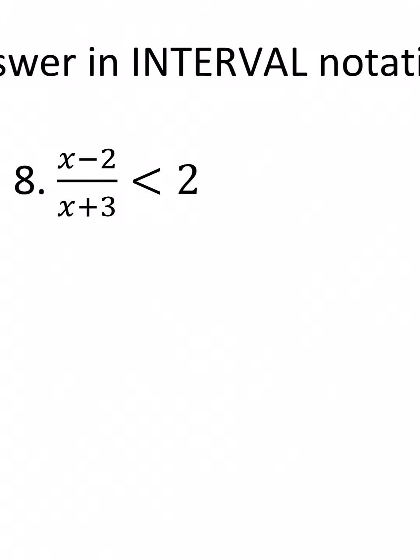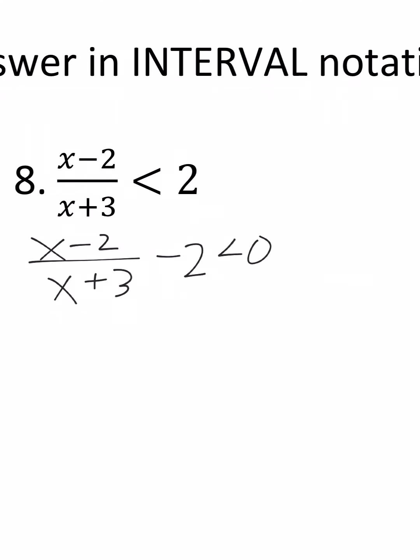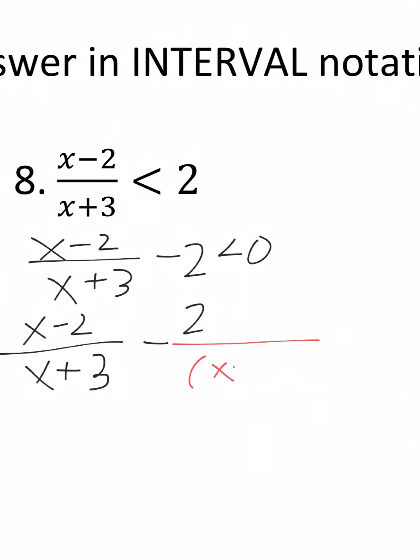Now when I have an inequality with a rational function, I need to subtract 2 on both sides. And I can't really do my subtraction like normal, so I'm going to have to make this a common denominator. And again, I'm going to do it in red. So I want this to have x plus 3, which means I had to put in x plus 3 up top.